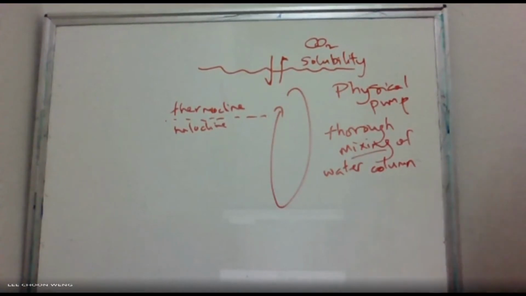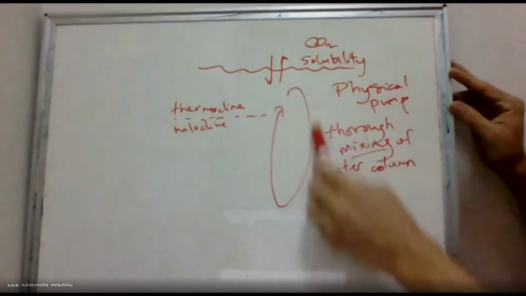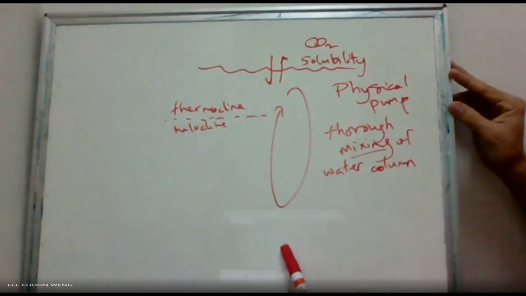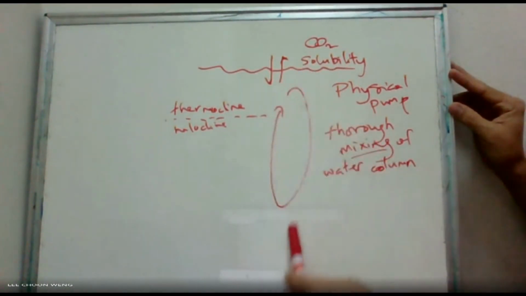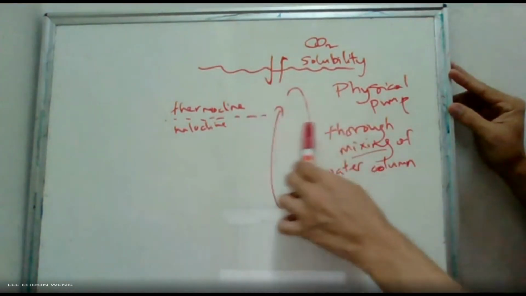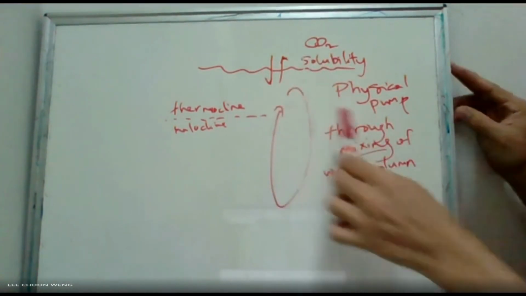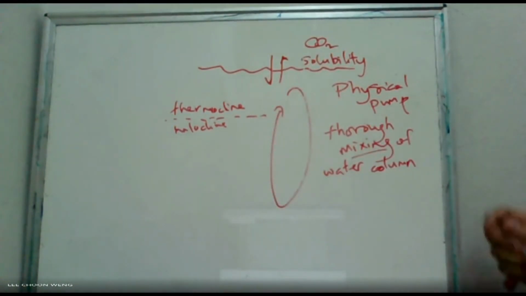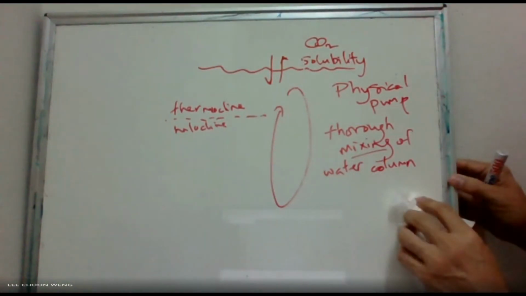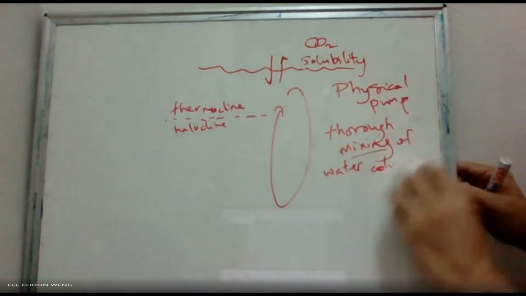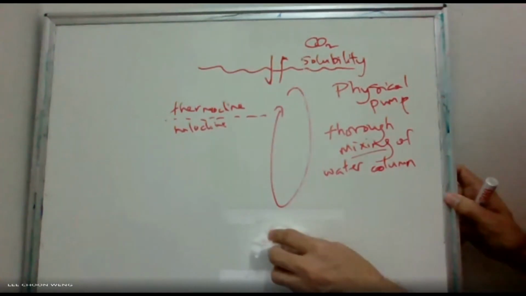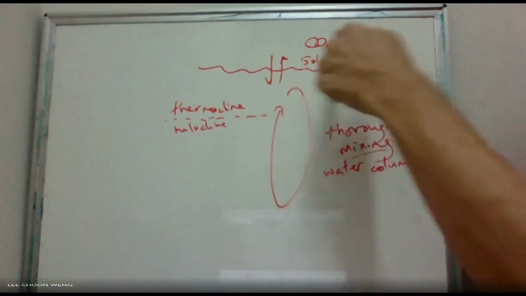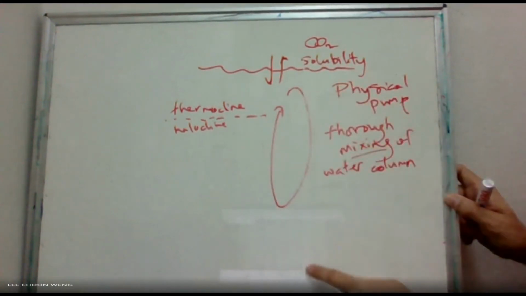So what this does is this will bring down whatever CO2 is here, and then the reduction of CO2 here will increase the solubility also. Okay, so the physical pump, thorough mixing of the water column, ensures the CO2 is transferred throughout the water column.